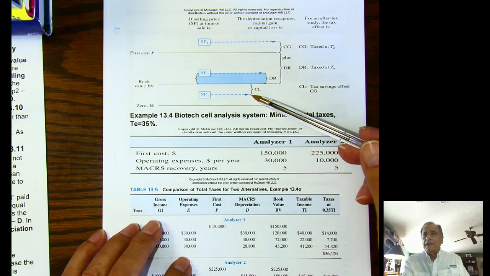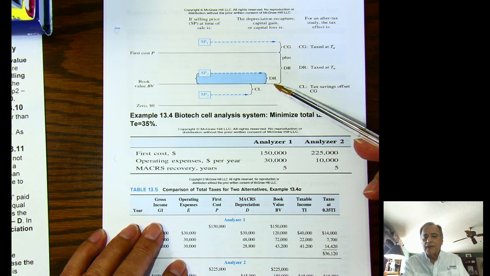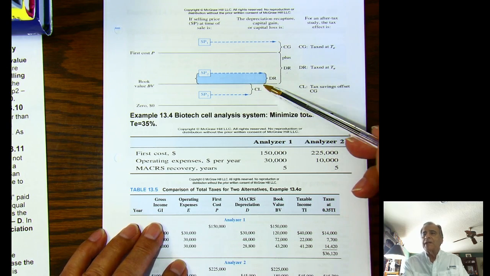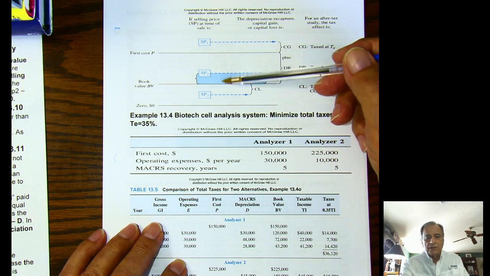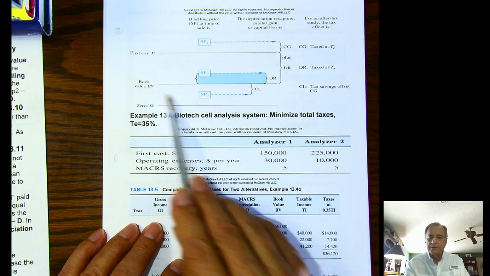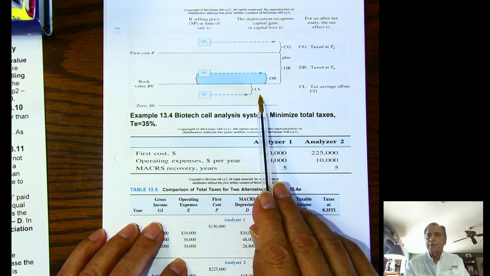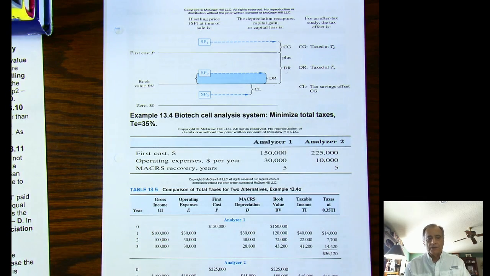It was in a bad part of town, and it went down in value so fast it went down more than you depreciated it. So you paid this much, you took all this depreciation. When you go to sell it, you can't even sell it for that book value. So you take a capital loss, and that has to be accounted for also.